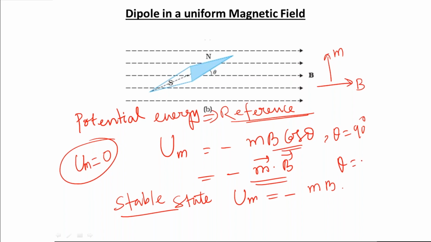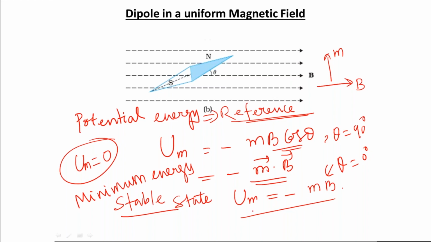This is called the minimum energy state or stable state. The stable state has potential energy minus m into B, this is not m dot B, it is minus m into B, since cos theta has to be 1. So that happens when theta is 0.